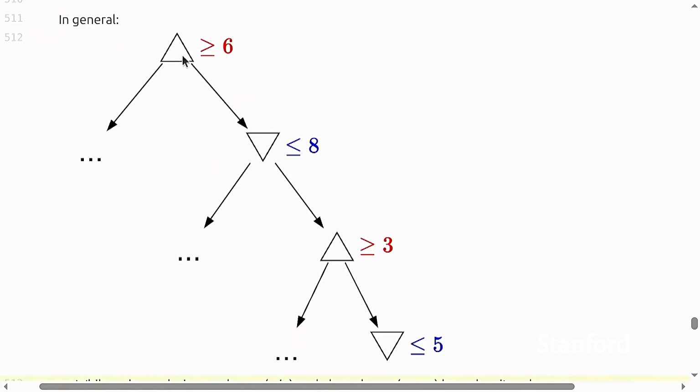For the max nodes, I'm going to have a lower bound, and for the min nodes, I have an upper bound. This is because if I discover a 6, that max value can only increase, and if I discover an 8, that number can only decrease. Okay? So max nodes have lower bounds, min nodes have upper bounds, all the way down for every node in the tree.